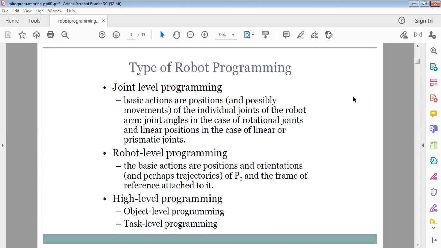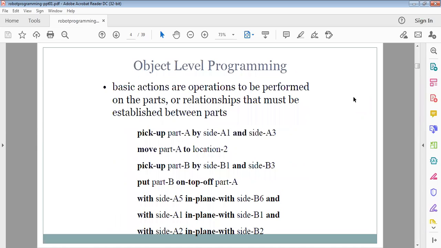In object level programming, your aim is to pick the object from one place, move it to another place, and drop it there. Those are the actions you write as a program in object level programming. So these are a few.